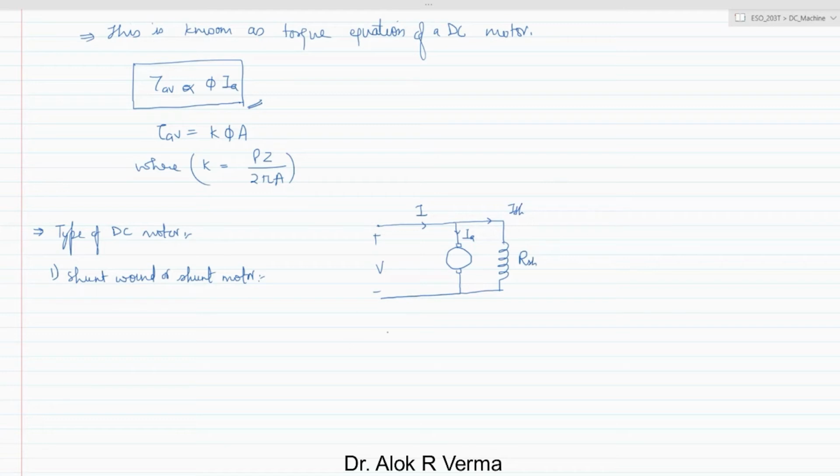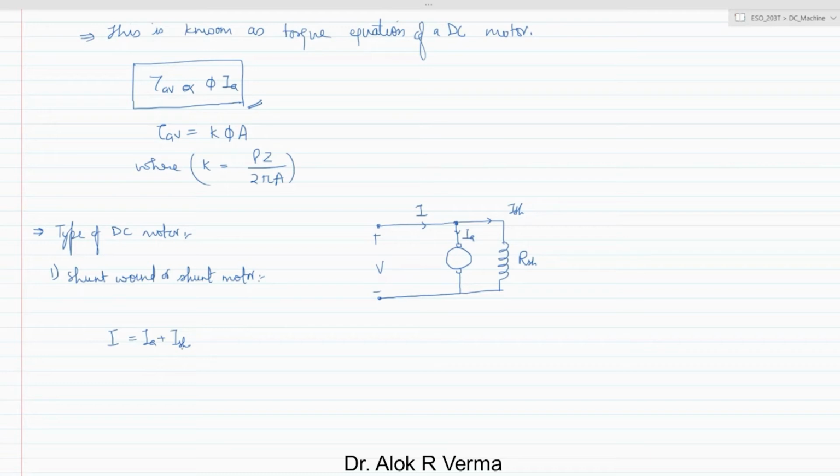So the input current I is nothing but Ia plus ISH. At this terminal point, if you apply KCL, you will get this relationship, where I is the input current from the power supply, Ia is the armature current, and ISH is the shunt field current.